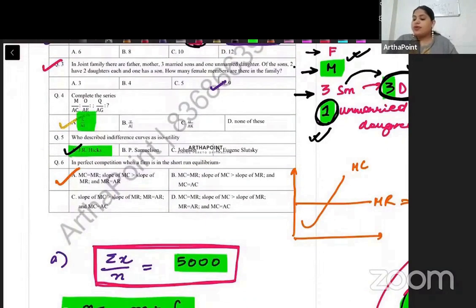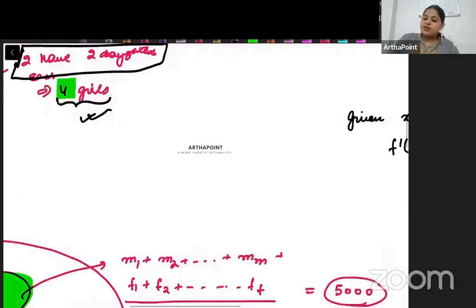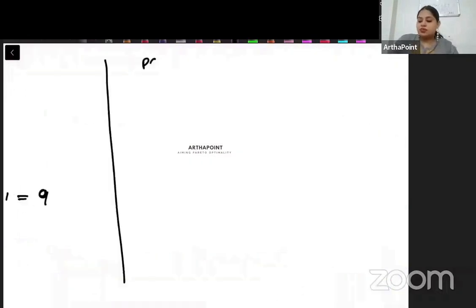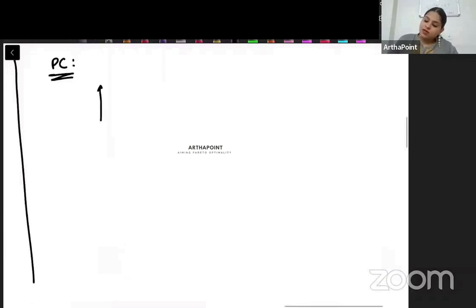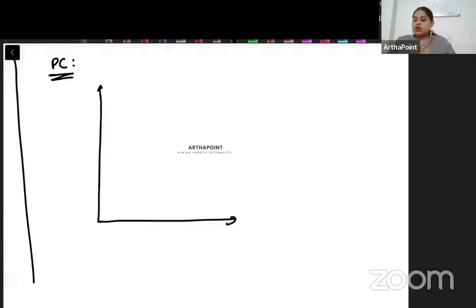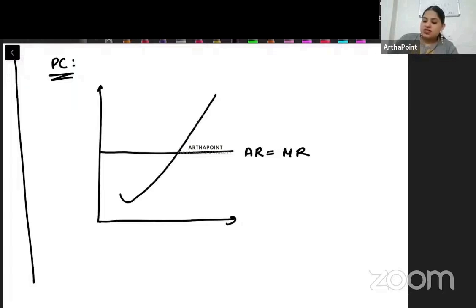In perfect competition, when a firm is in short run equilibrium, so beta, we know that for perfect competition, when we talk about the firm, we have to see these things. We have to see that this is AR, this is MR, this is MC. Usually MC can be like this also, beta. Like this.